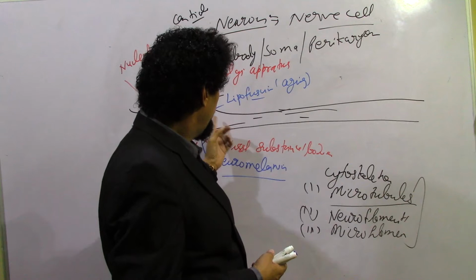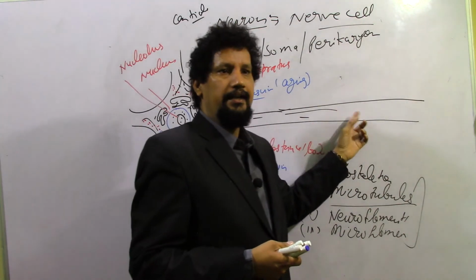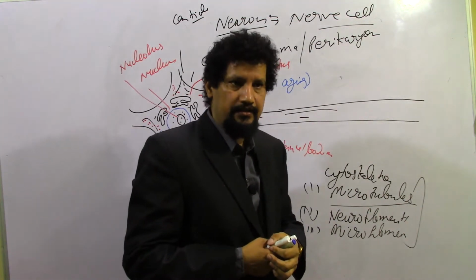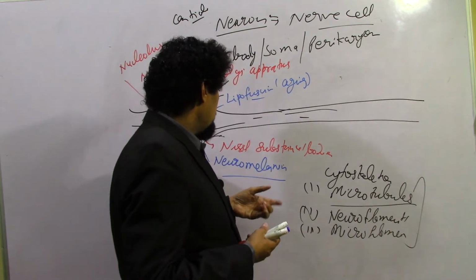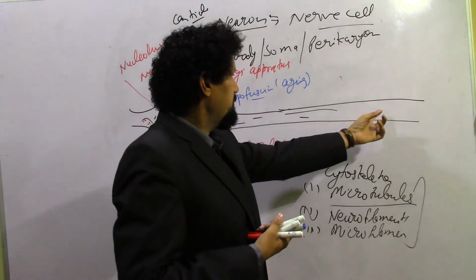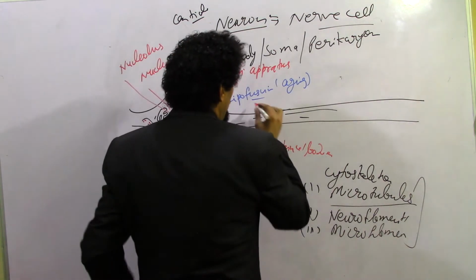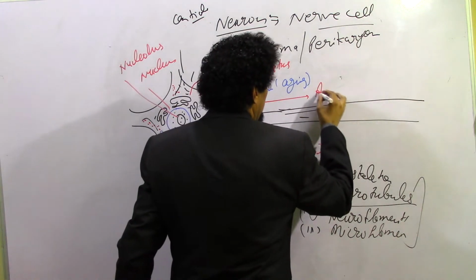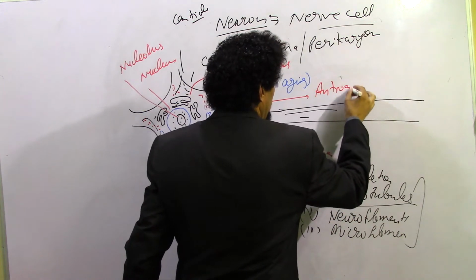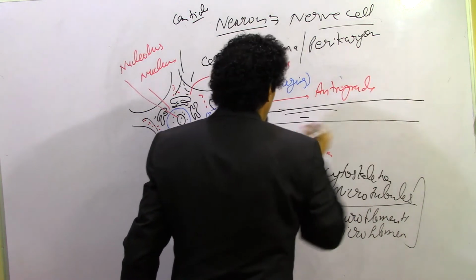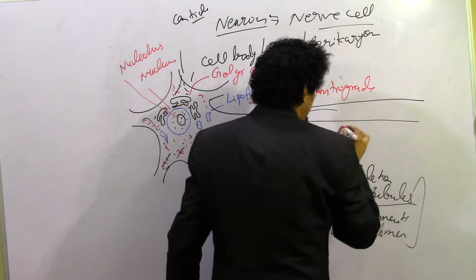So the direction from this side to this side is the anterograde axoplasmic transport, and from this to this is retrograde.